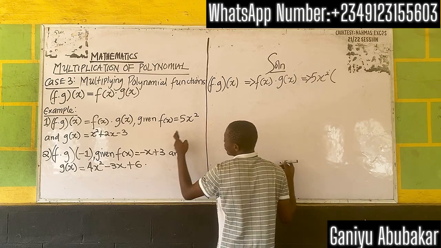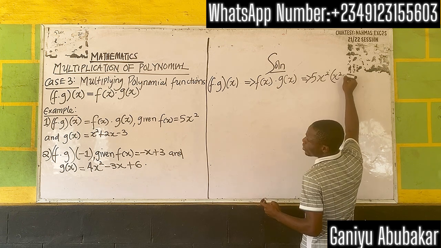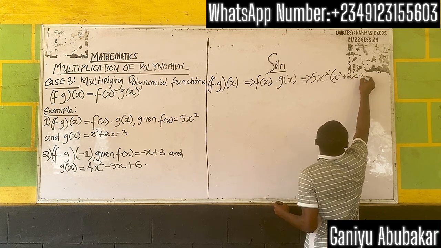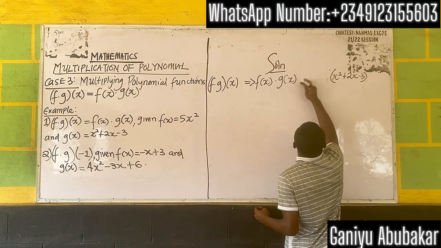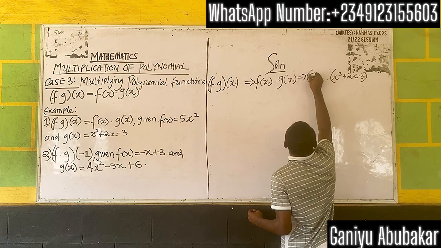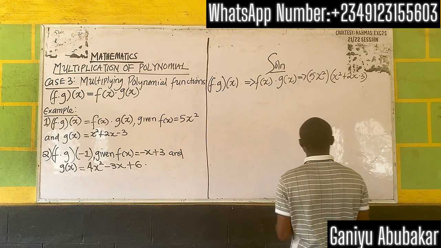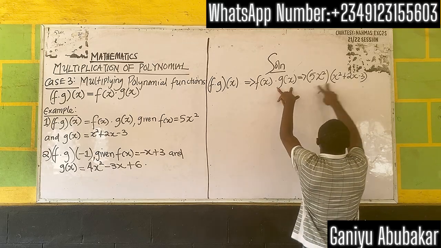What's g(x)? That's x squared plus 2x minus 3.